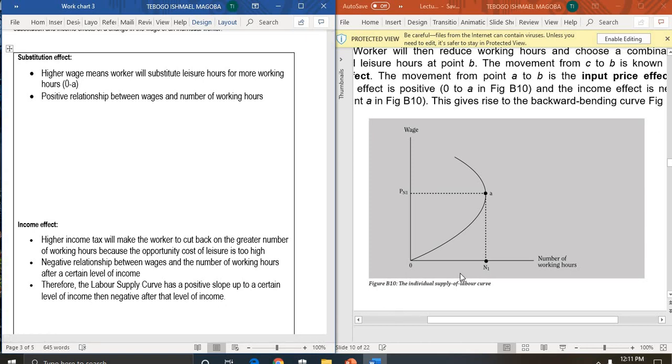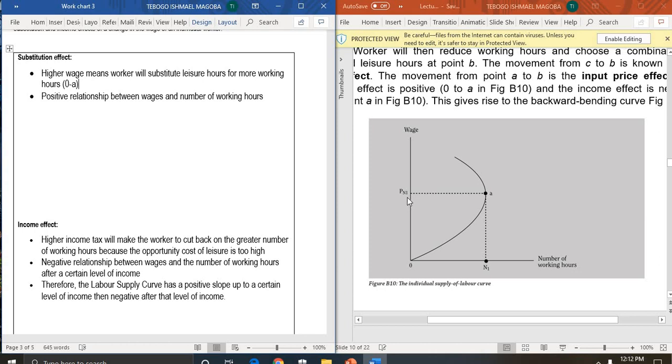So we're saying that on the backward bending curve, from 0 to A, up to a certain level of income, I would increase my number of working hours as wages increase. That's the substitution effect. After that certain level of income, I start to decrease my number of working hours as wages increase, due to the tax.